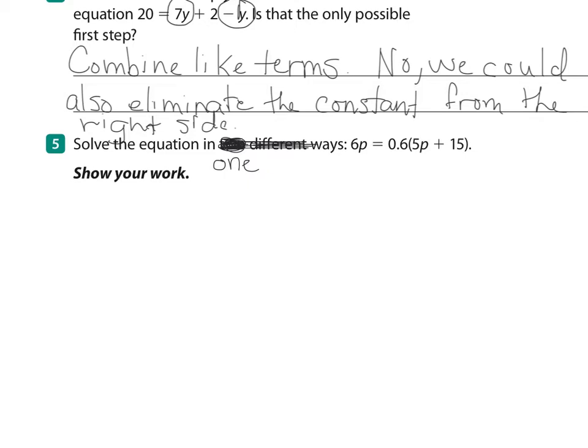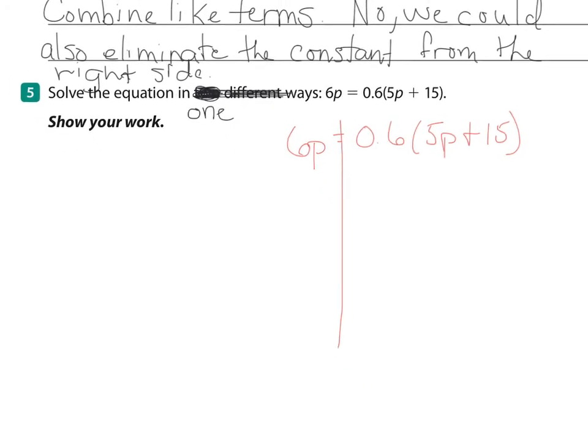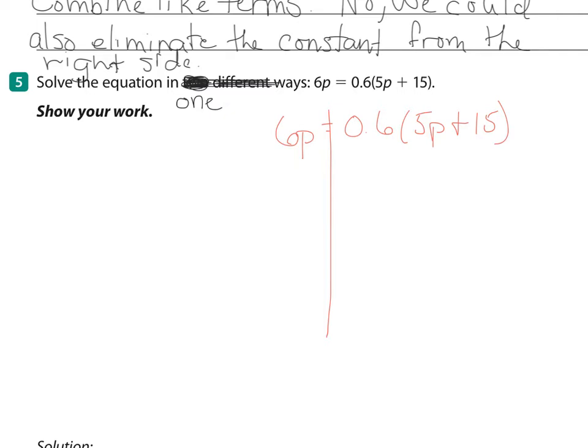Let's take that equation: 6p equals 0.6 times 5p plus 15. And we're going to go through and solve this equation. Step number 1, eliminate parentheses using distributive property.